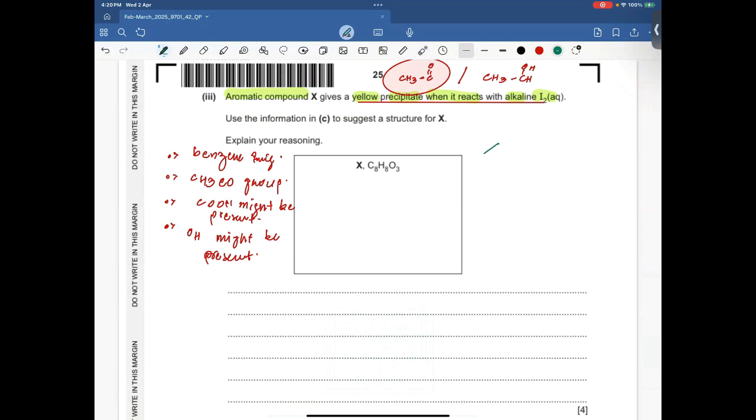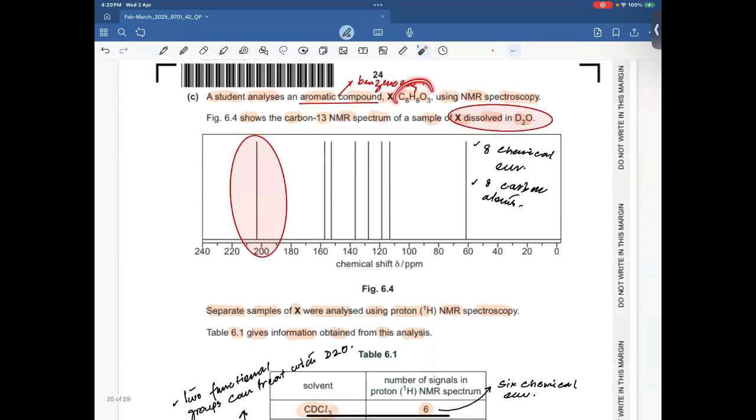So let me draw the possible structure. First of all, let me draw this. This is COOH. Oh, my bad. COCH3. How many carbon atoms now? 1, 2, 3, 4, 5, 6, 7, 8, 9. 9 carbon atoms, whereas we have only 8 carbon atoms.